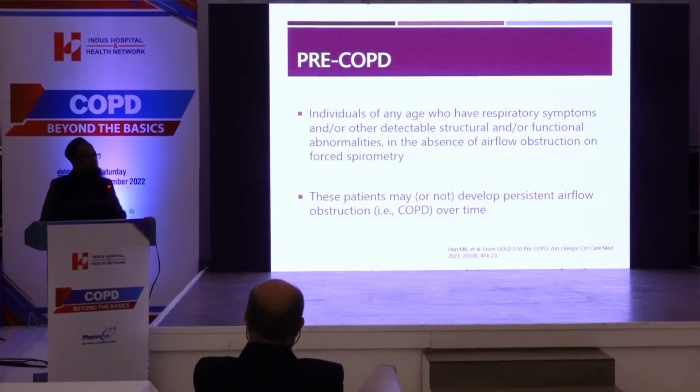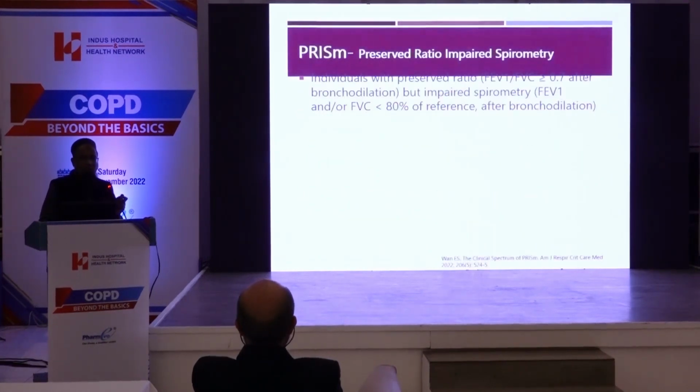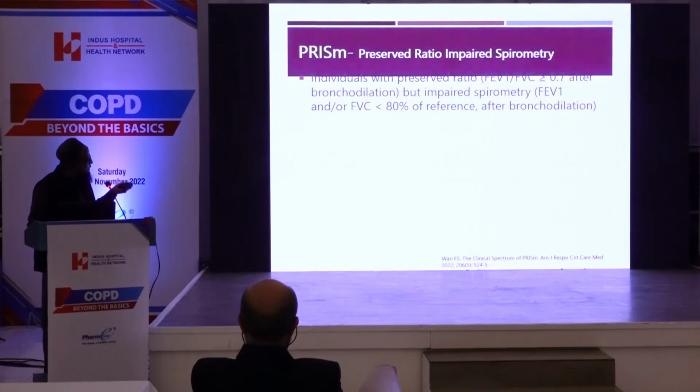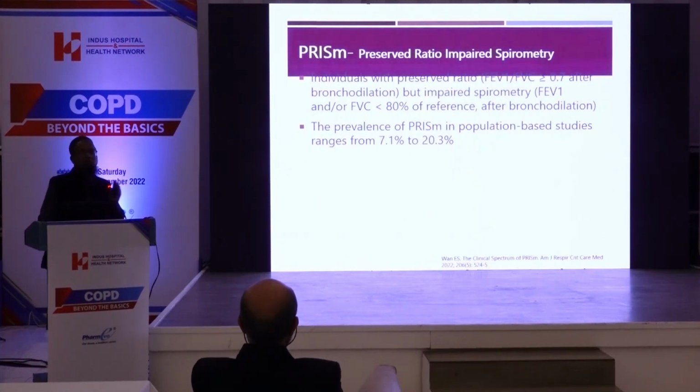If not, then we cannot label this patient as a COPD by literature. So if the ratio is maintained, patient is symptomatic, although his FEV1, FVC is low, so this new term is developed that's called PRISM, preserved ratio impaired spirometry.